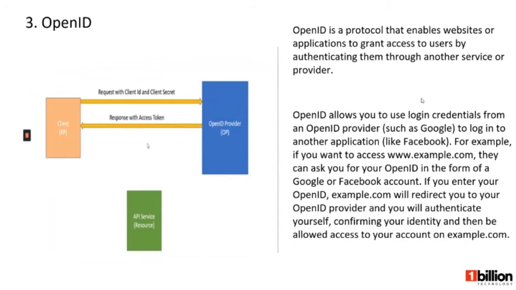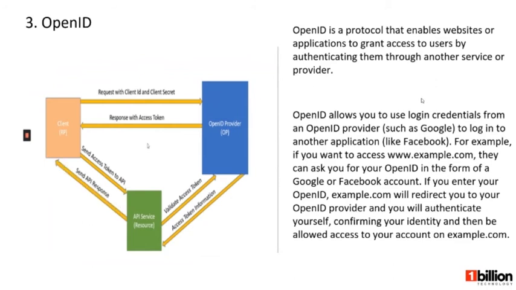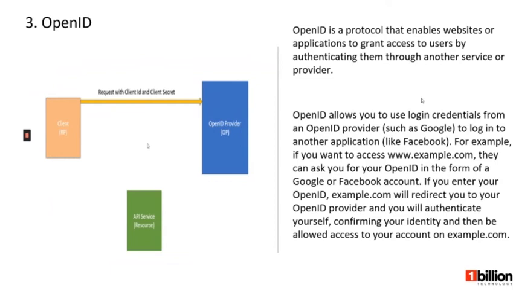For example, if you want to access www.example.com, they can ask you for your OpenID in the form of a Google or Facebook account. If you enter your OpenID, example.com will redirect you to your OpenID provider and you will authenticate yourself, confirming your identity, and then you are allowed access to your account on example.com.